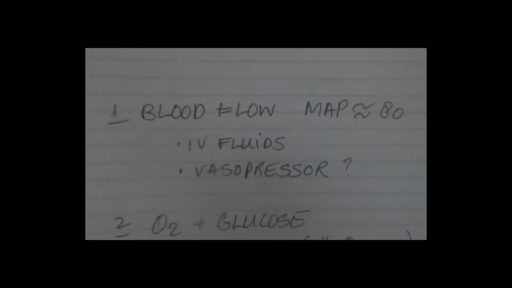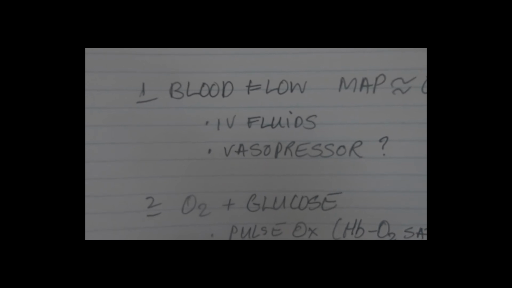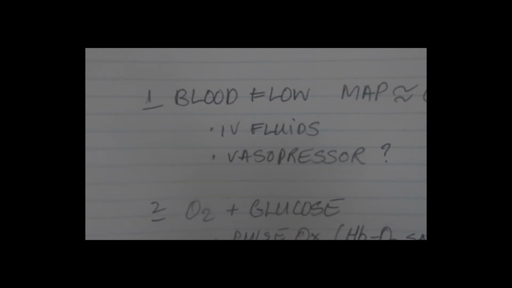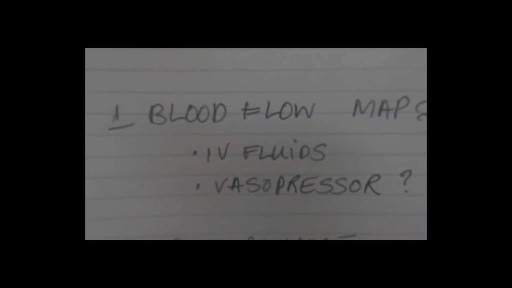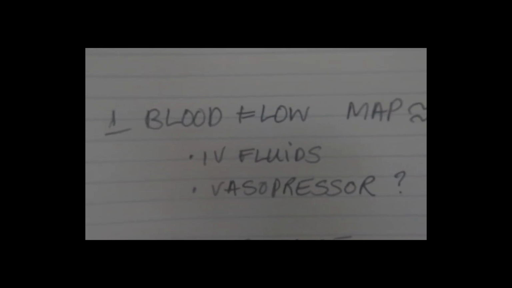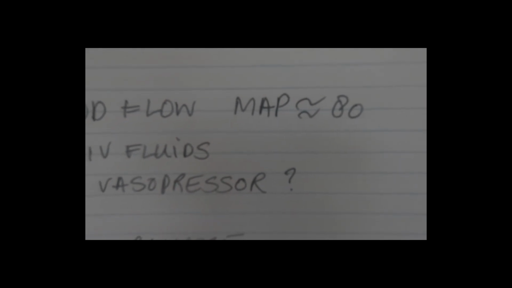So, finishing off our little section on oxygen and glucose and blood flow. How do we know there's a good blood flow, particularly to our organs of high perfusion: brain, heart and kidneys? We can look at the mean, and we can strive for a mean of 80, and we're happy.